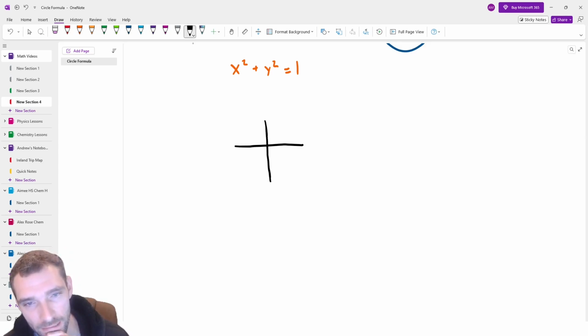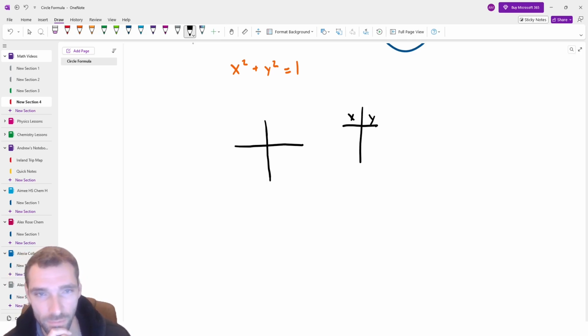And we can plug in x and y values and see which ones would solve for this. So for example, if I said x is 0, 0 squared plus y squared is equal to 1. And you can see that if y is 1, that works.